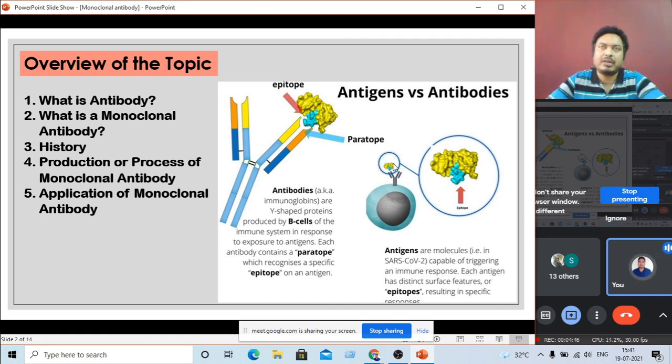Suppose you have heard about a recent topic regarding SARS-CoV-2. There is a particular protein present in the virus outer membrane, called spike protein. For this spike protein, different types of antibodies are generated. We have already taken our doses, just like vaccination.